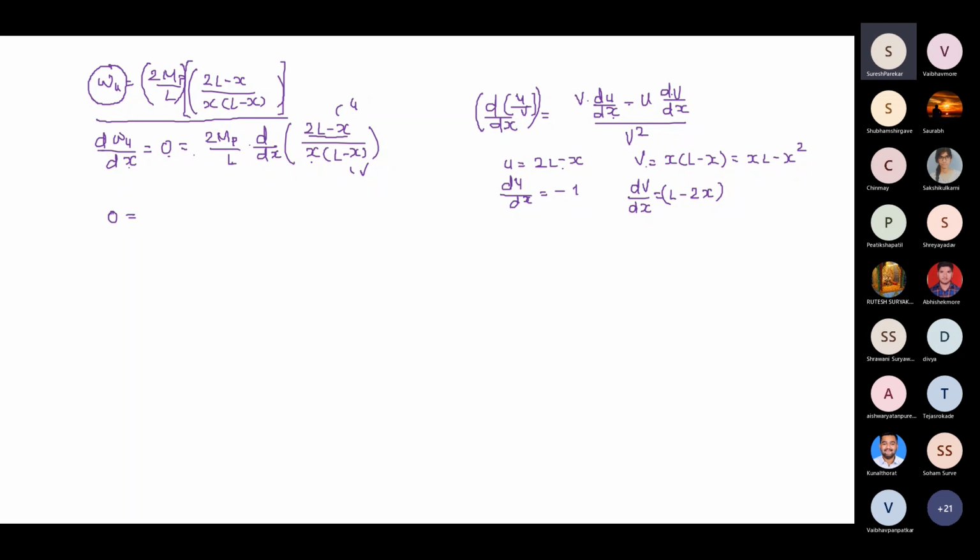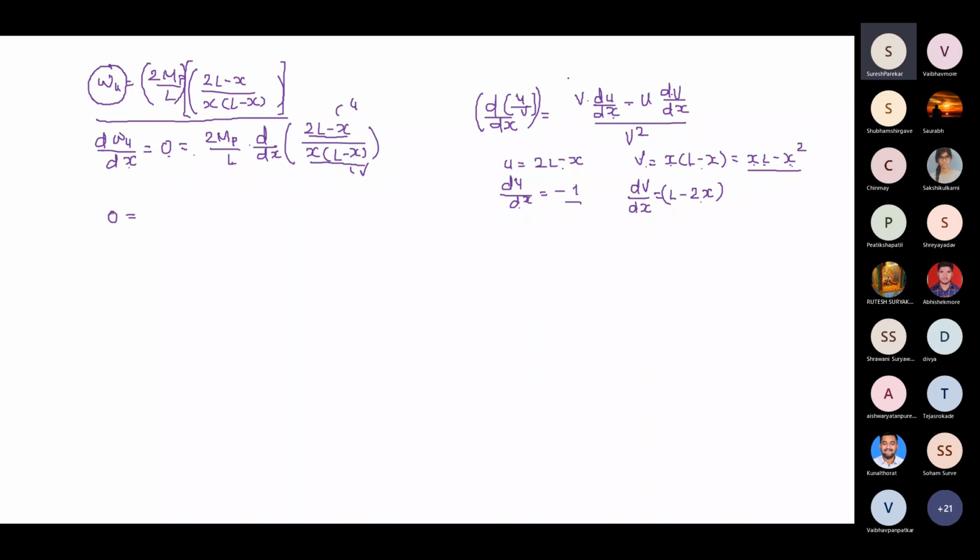V ची व्हॅल्यू आहे x into L minus x. मग du by dx काय येईल? -1. dv by dx काय येईल? x ने याला मल्टिप्लाय केलं xl, परत x ने मल्टिप्लाय केलं -x². मग याचा डेरिव्हेटिव्ह घेतला xl चा l, x² चा 2x.